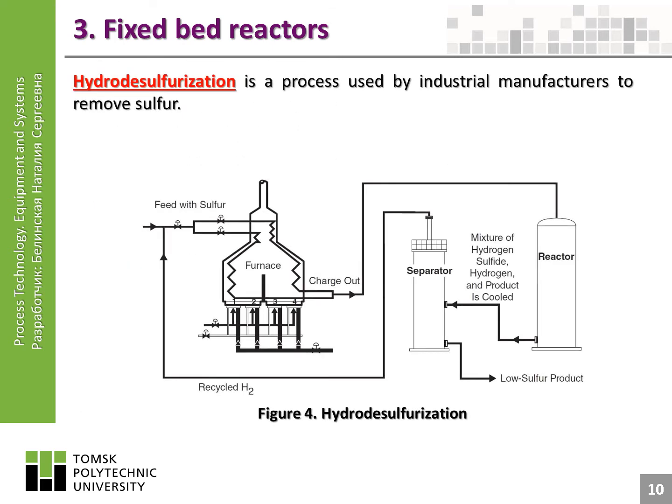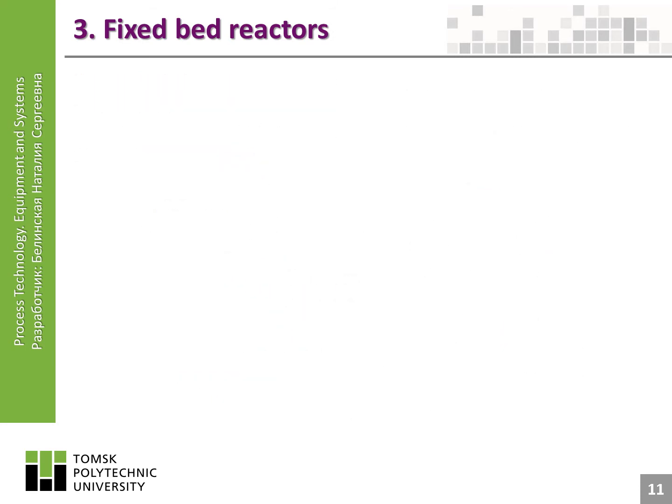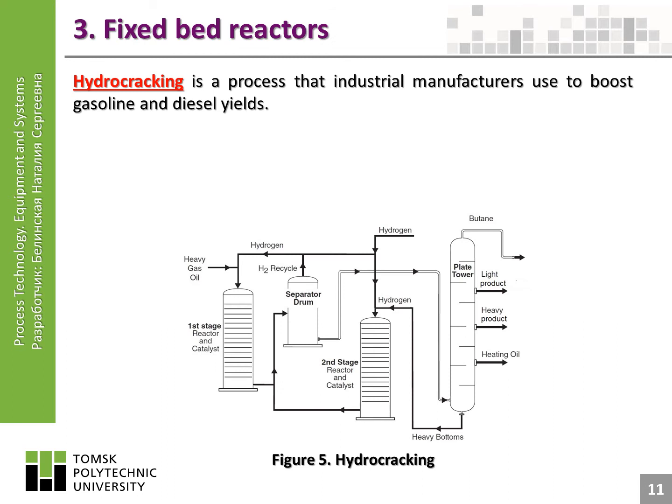Hydrodesulfurization is a process used by industrial manufacturers to remove sulfur. During operation, hydrodesulfurization units use a fired heater, separator, and a fixed-bed reactor. Hydrocracking is a process that industrial manufacturers use to boost gasoline and diesel yields.